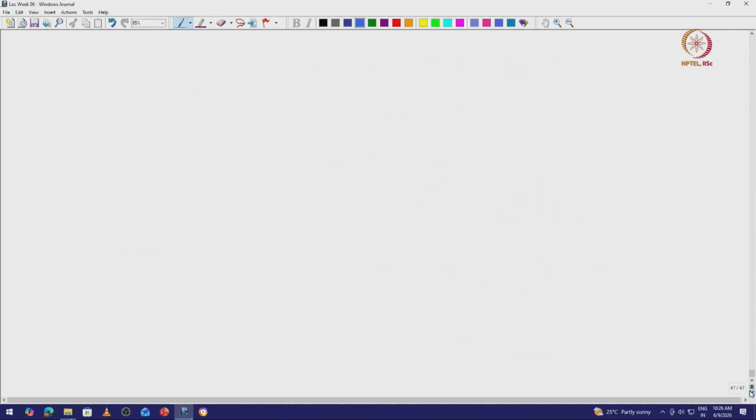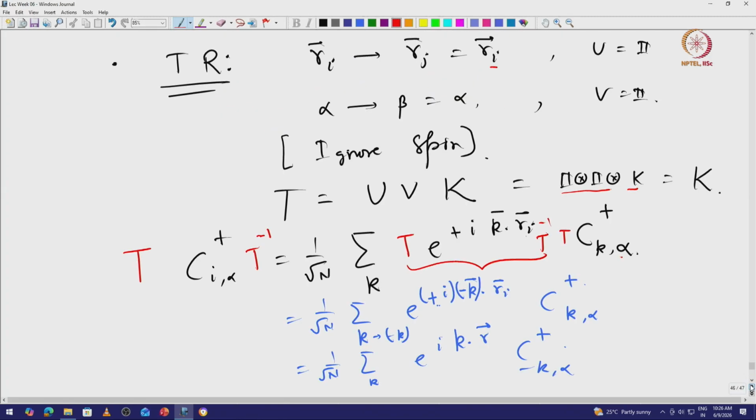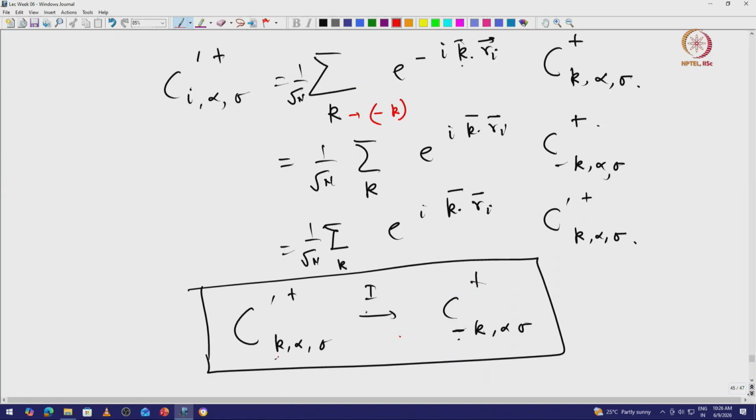So now under time reversal also, C_k alpha goes to C minus k alpha. So it again changes k to minus k, but in both cases, inversion and time reversal, k goes to minus k for a different reason.